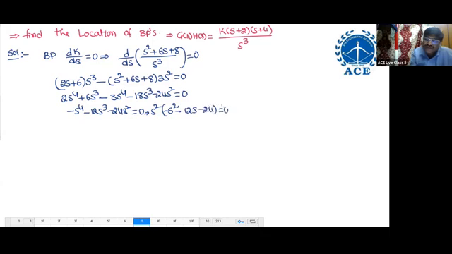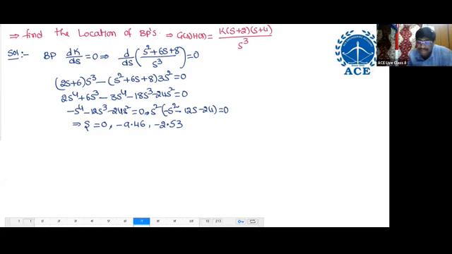Find the roots for this. s equals 0, comma 0 means you can write only one 0. One point acts as one break point. Don't write 0 comma 0 comma 0. 0 means 0, only one point. Next, minus 9.46, and another one, minus 2.53. You find the roots.